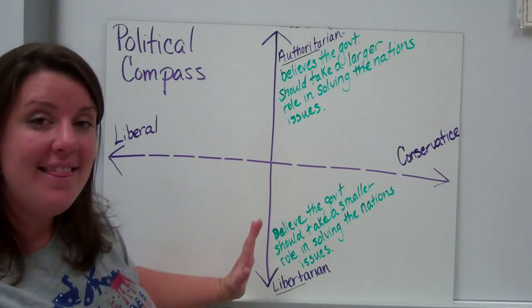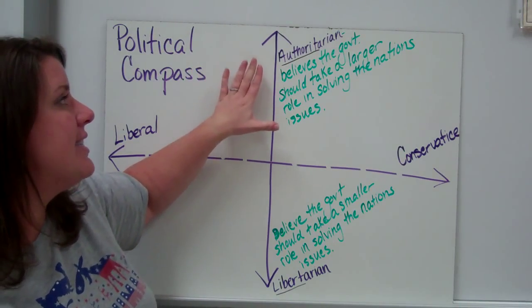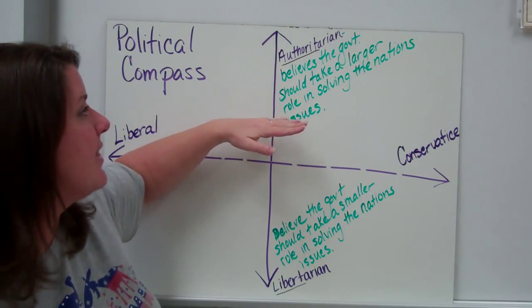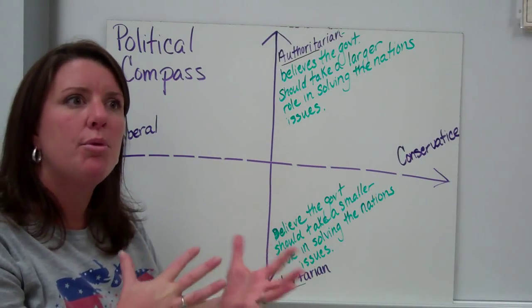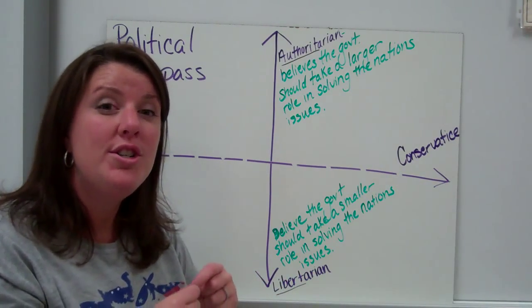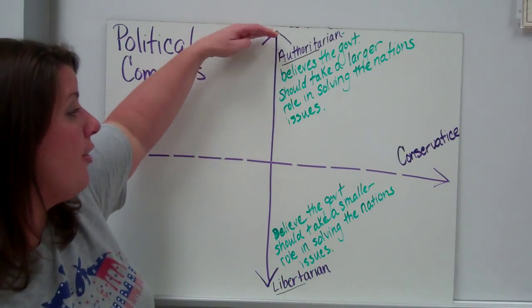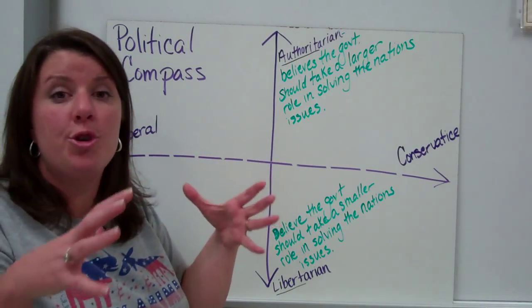So they had to add this other piece of the political spectrum to make a compass, to say that an authoritarian is going to say that the government should have a larger role. So we always talk that liberal and conservative comes down to the size of the government. Well, not always. We're going to use some new terminology, authoritarian and libertarian. So that authoritarian, a larger authority.